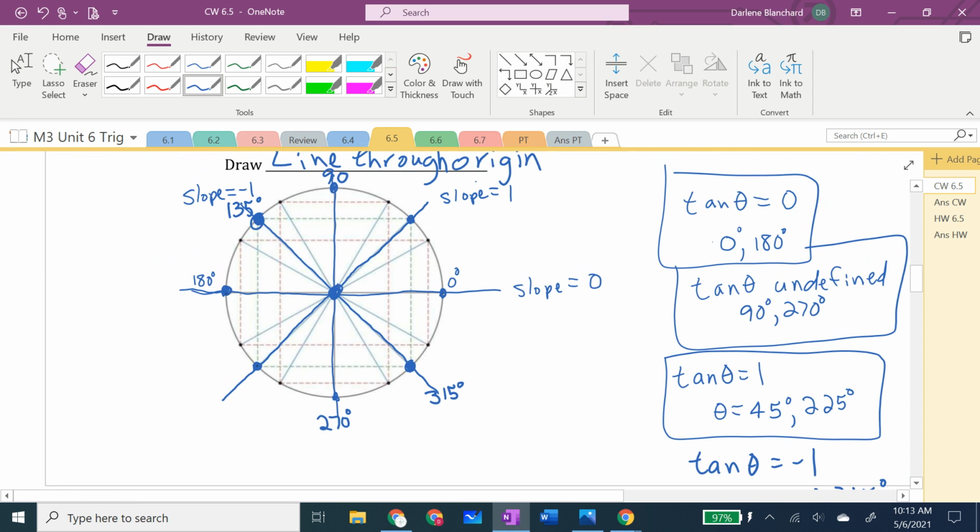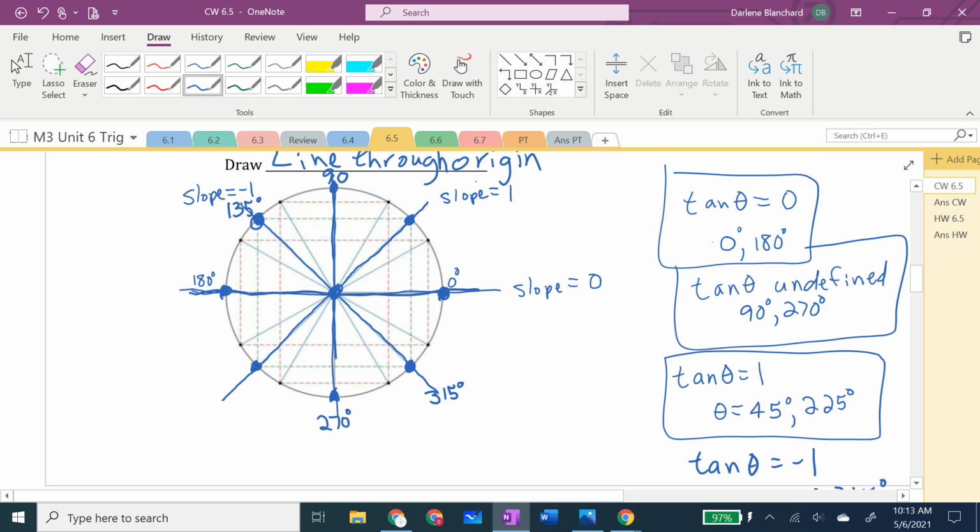Now, I want you to just stop right here. This is what I talked about yesterday. Of all the angles on the unit circle that you're expected to deal with without a calculator, these are all the angles that you can cope with tangent for if you just understand that drawing a line through the origin with slope 0 means those angles have a tangent value of 0.